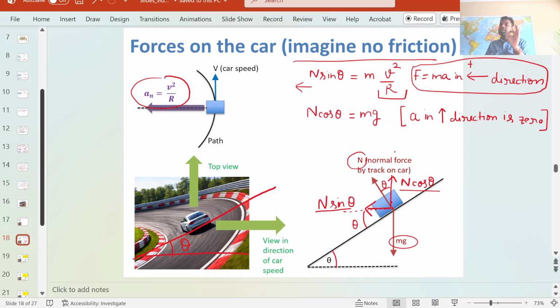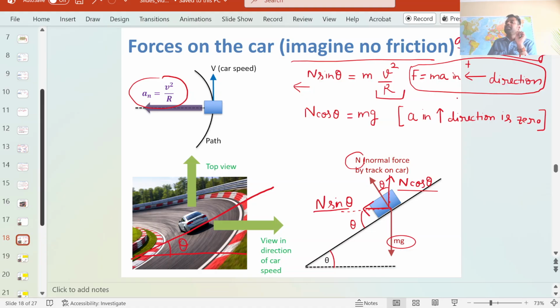And one more thing, we say there is no friction and we assume also no slipping, right? That means the car is not slipping down the slope or up the slope.